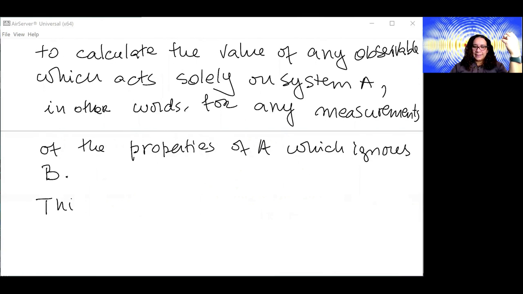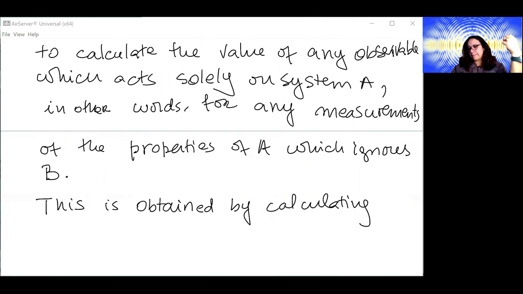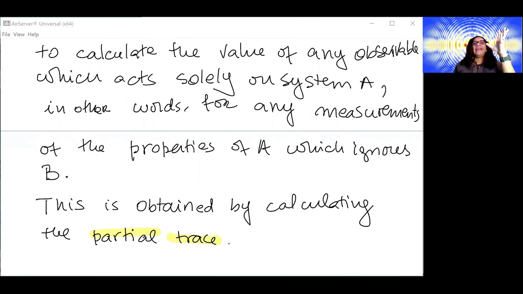And this is obtained by calculating the partial trace, which is what we're going to see right now. What is the partial trace and what does it mean? And we're also going to discuss some examples.